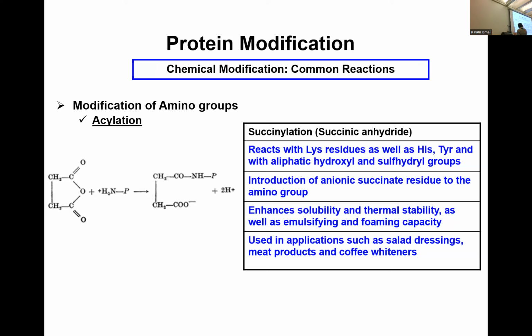So you're blocking a positive and adding a negative. So you're increasing the net negative charge more than the previous reaction. Here we see a significant increase in solubility and thermal stability because we have more charge now. And there have been studies that show that emulsifying and foaming capacity will be increased for some proteins as well.